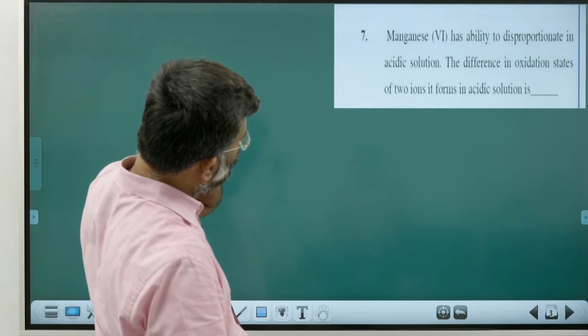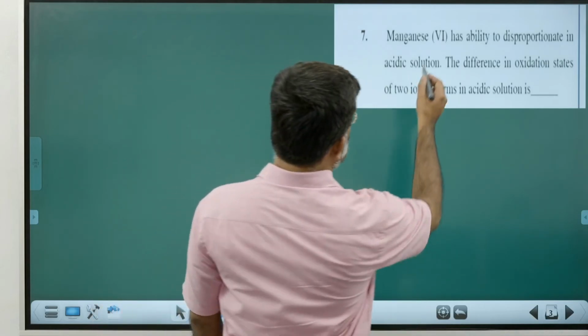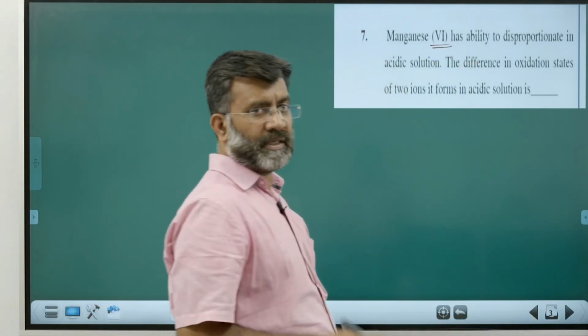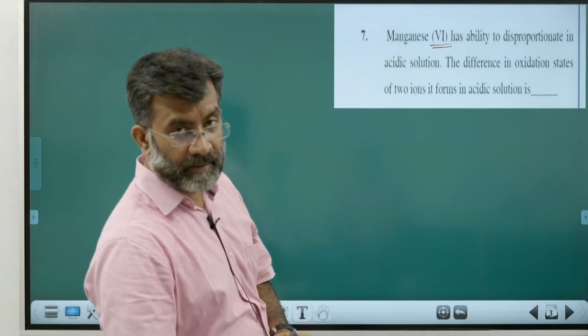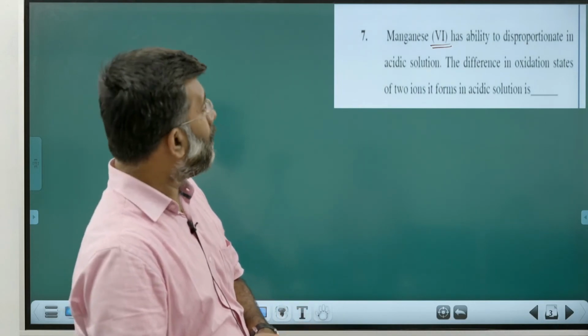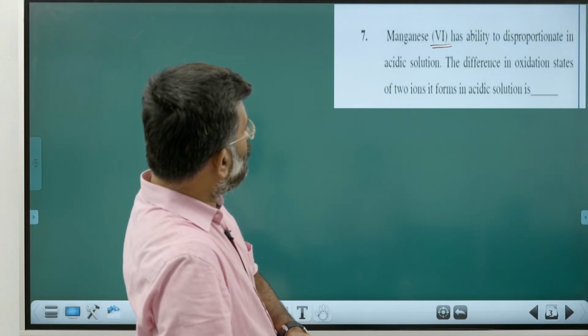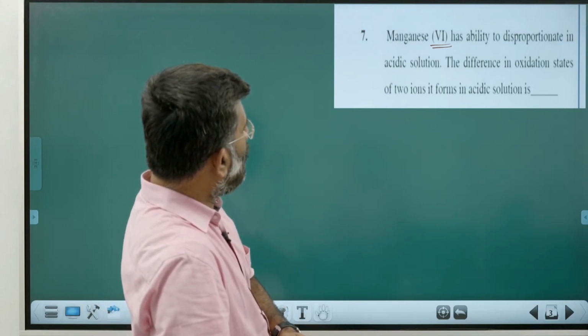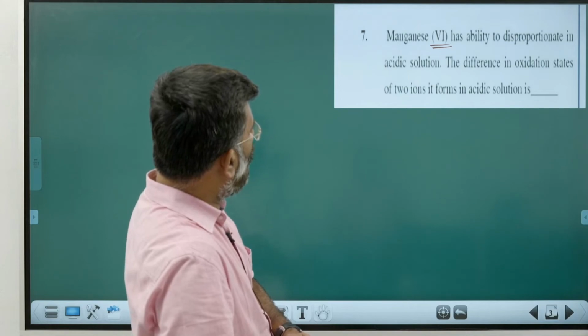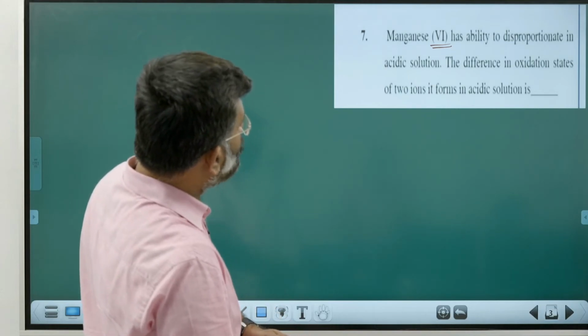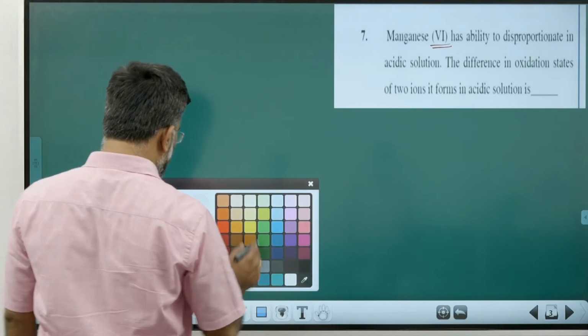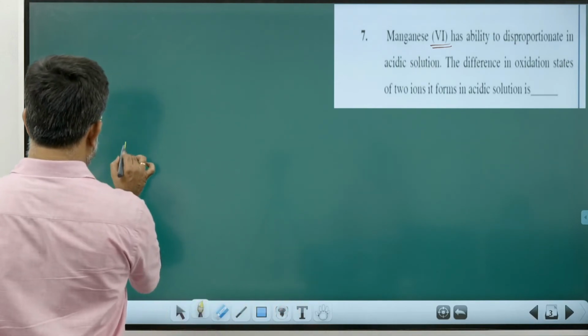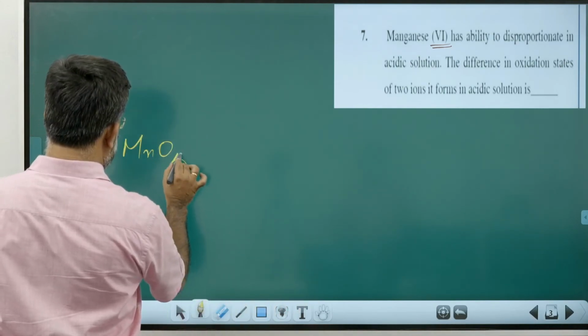Manganese 6 means manganate. Manganese 7 is permanganate. Manganese 6 has the ability to disproportionate in acid solution. The difference in oxidation state of the two ions it forms in acid solution is a well-known disproportionation reaction.